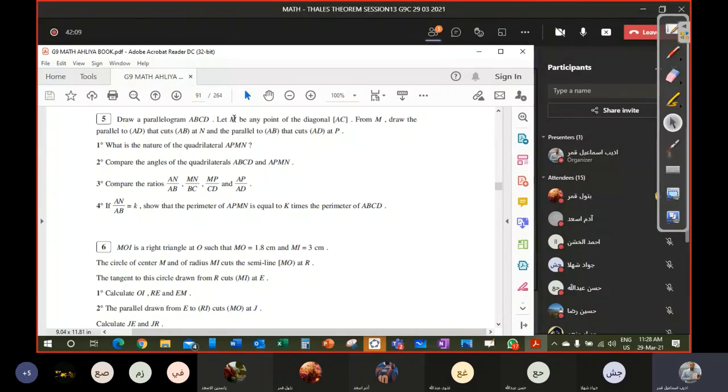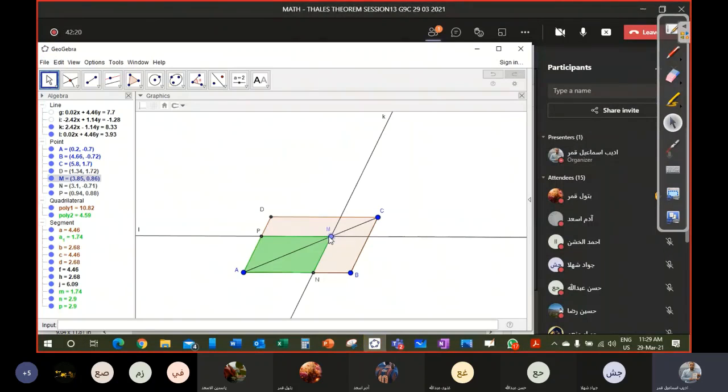Since we draw from M the parallel to AD and then the parallel to AB, we have MN parallel to AD. Then MN is parallel to AP since A, P and D are collinear.